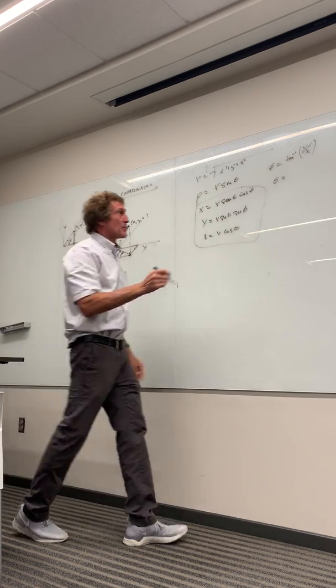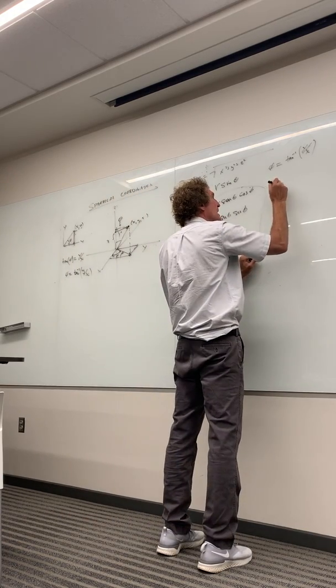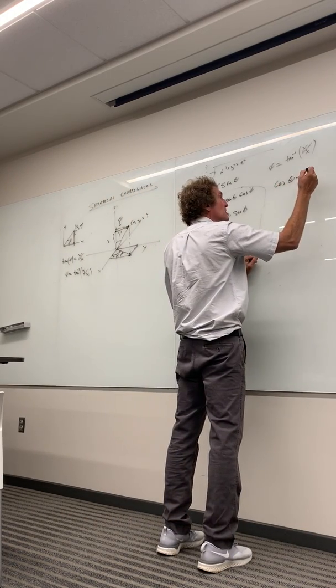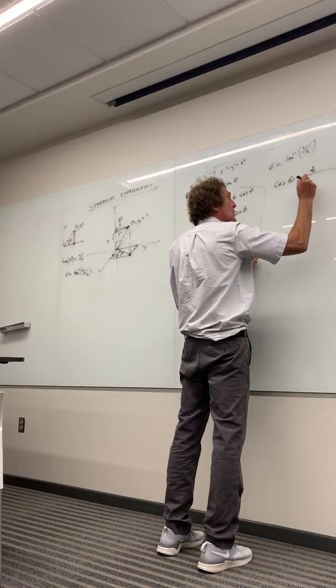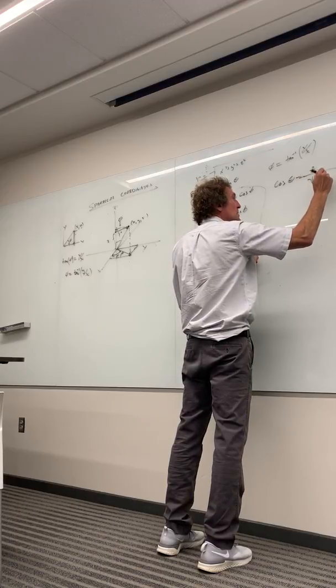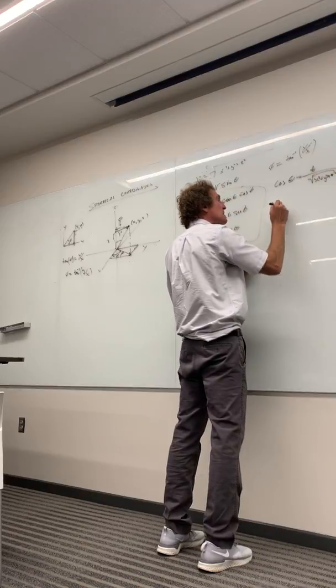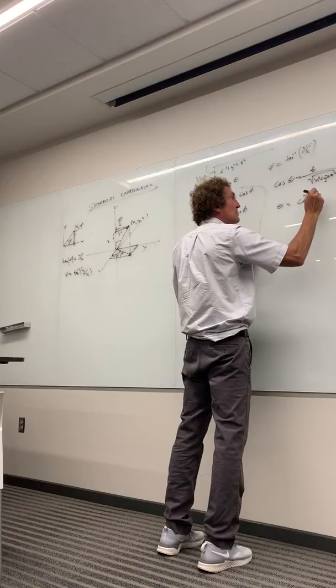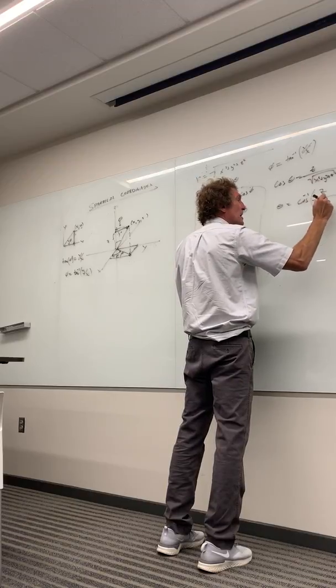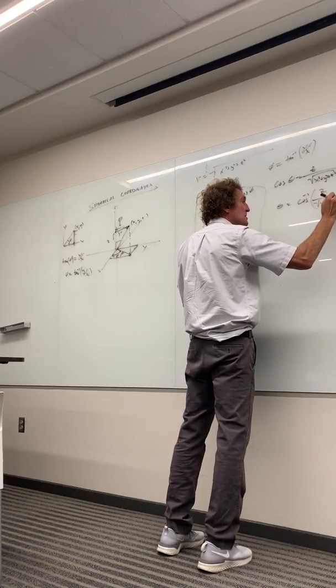So I could say, therefore, cosine of theta is equal to z over the square root of x squared plus y squared plus z squared, which means theta could be gotten from cosine minus 1 of z over the square root of x squared plus y squared plus z squared.